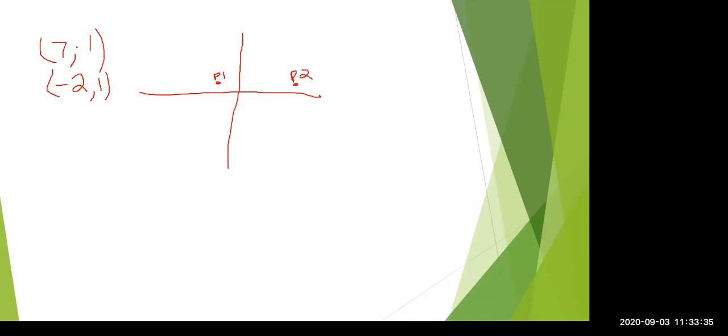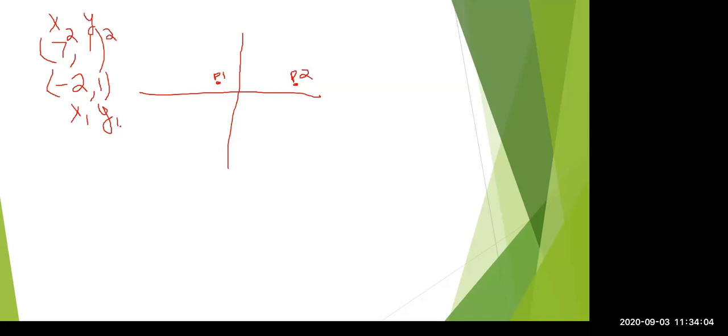So 7, 1 is actually point 2. Since negative 2, 1 is first, x1 is negative 2, y1 is 1, x2 is 7, and y2 is 1.